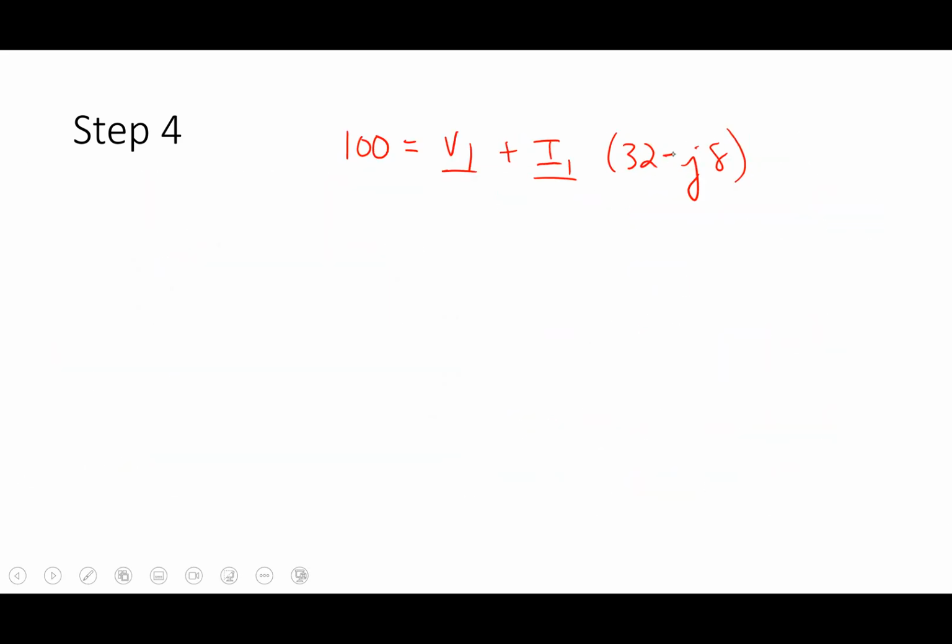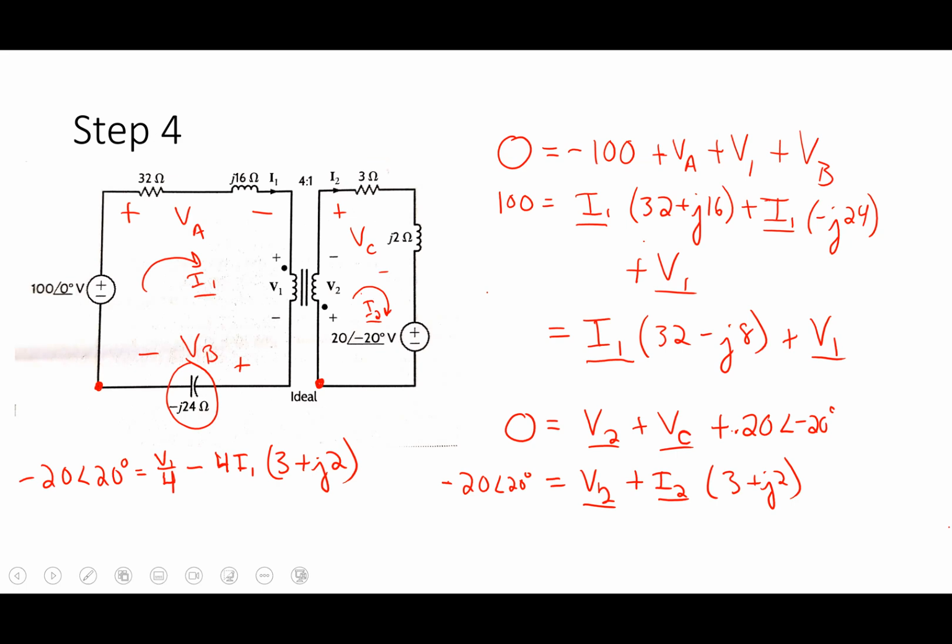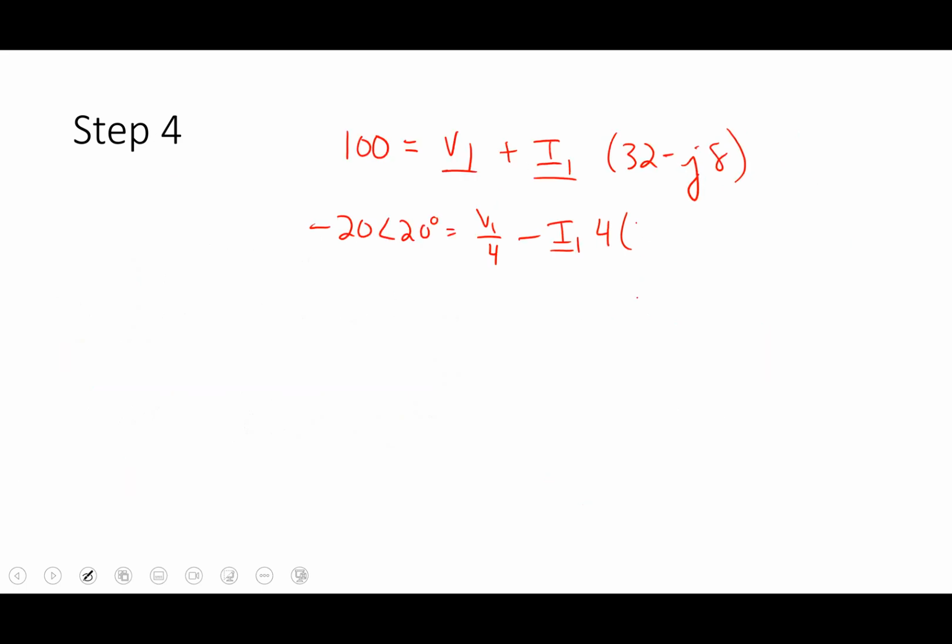And then for the other one, I have negative 20 angle 20 degrees is equal to V1 over 4 minus I1 times 4 times 3 plus J2.